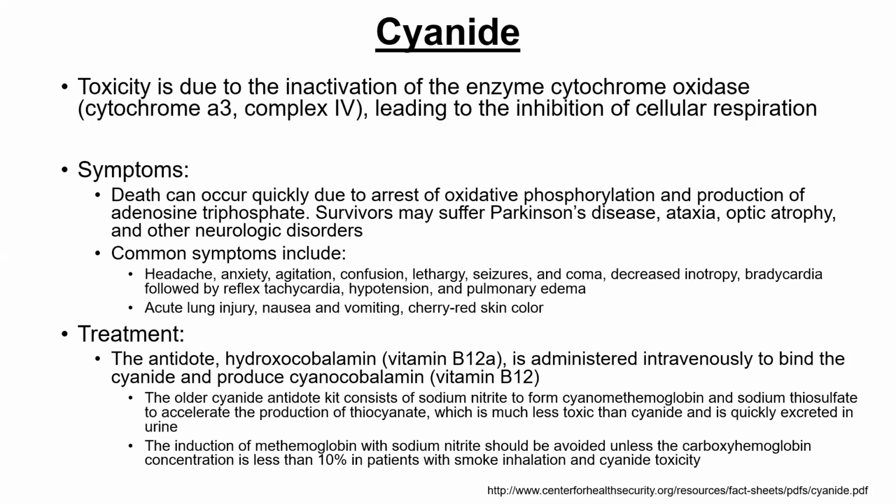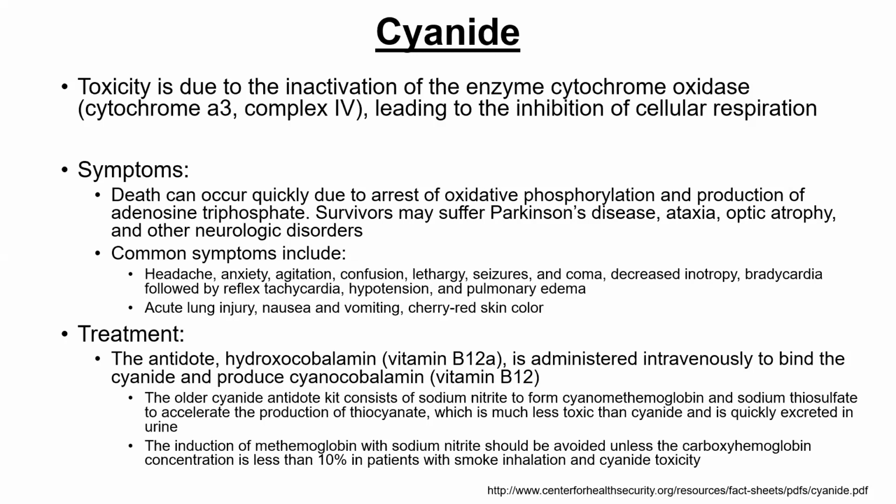There you'll find cytochrome A3 and the role of complex 4. So when you have cyanide poisoning, it inhibits this cytochrome A3. Even death can occur quickly because you don't have any more oxidative phosphorylation happening. You don't have any energy source, which is ATP, that is produced through the process of oxidative phosphorylation. So that would be the serious consequence.